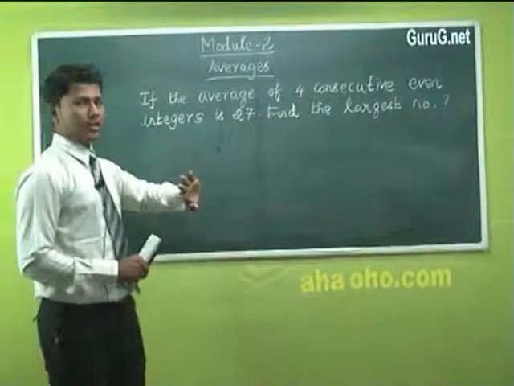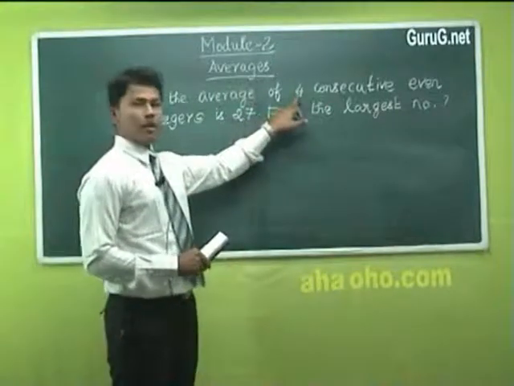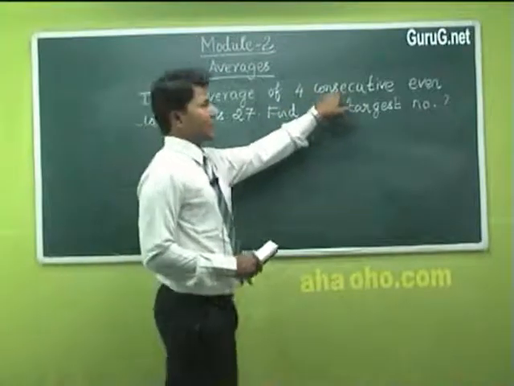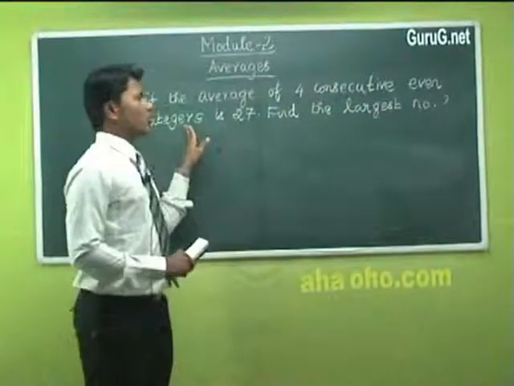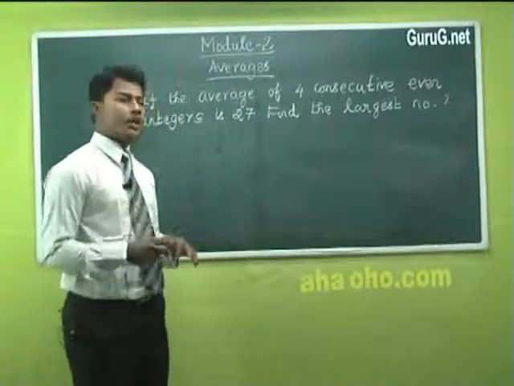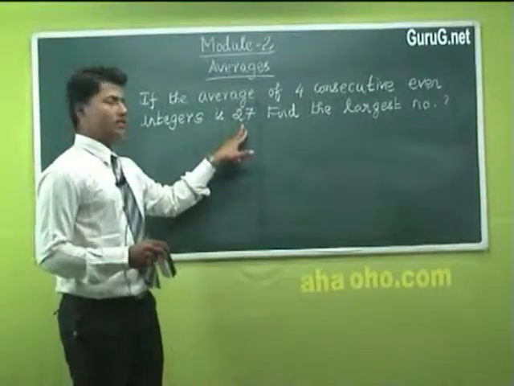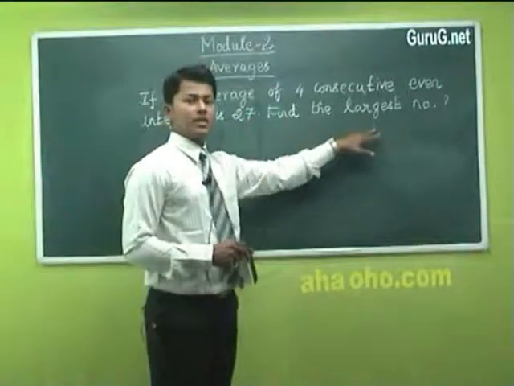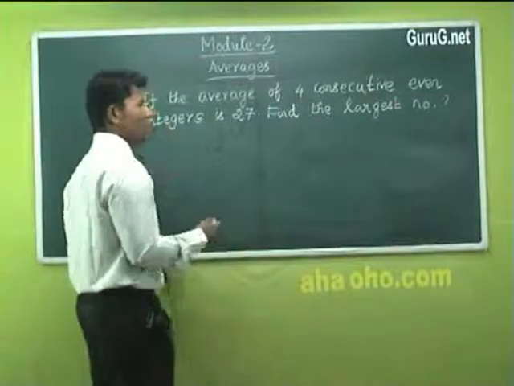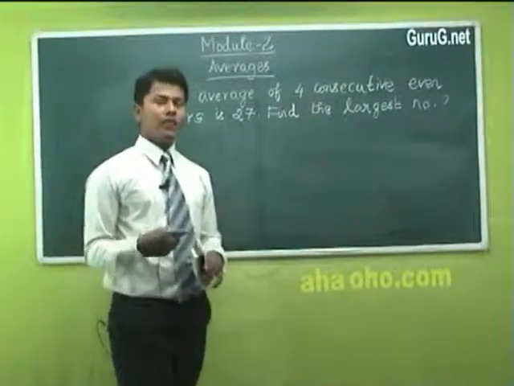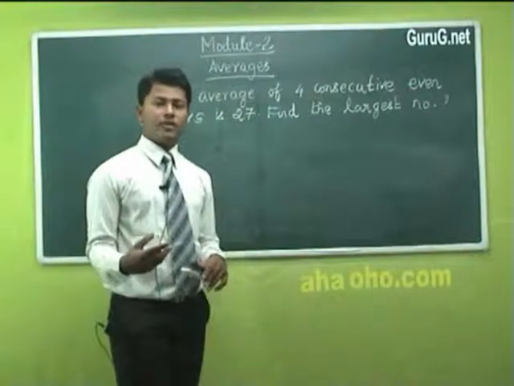What are the facts given? One is the total number of elements is 4 and they are consecutive even integers, and the average given is 27. You are asked to find the largest number. So what are consecutive even integers? In our basic arithmetics module, we have learnt about consecutive integers.